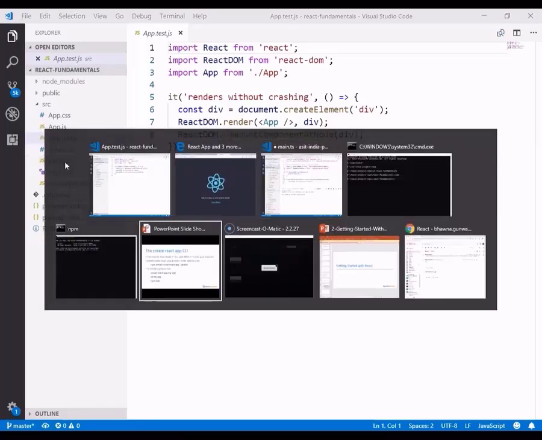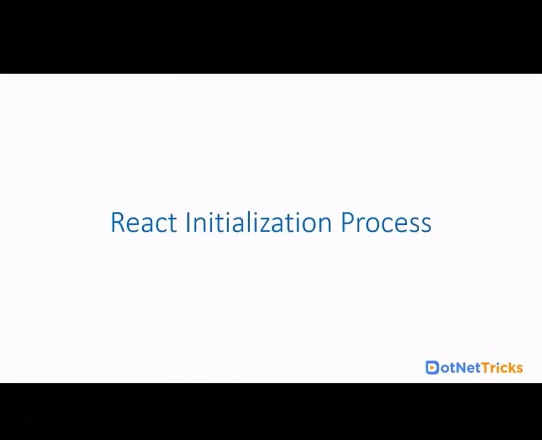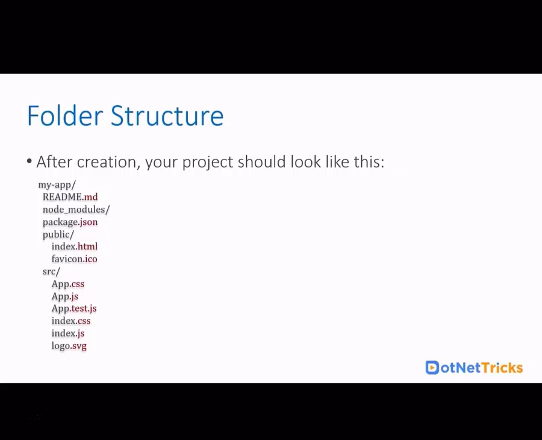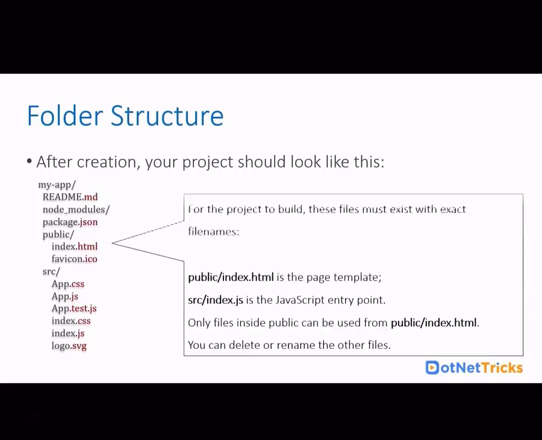Afterwards, once I created my application successfully, we have a React initialization structure, where we already discussed the folder structure of the React application created. As we discussed, in the public folder we have an index.html, which is the page template. In src we have index.js, which is a JavaScript entry point from where my app component gets called up.